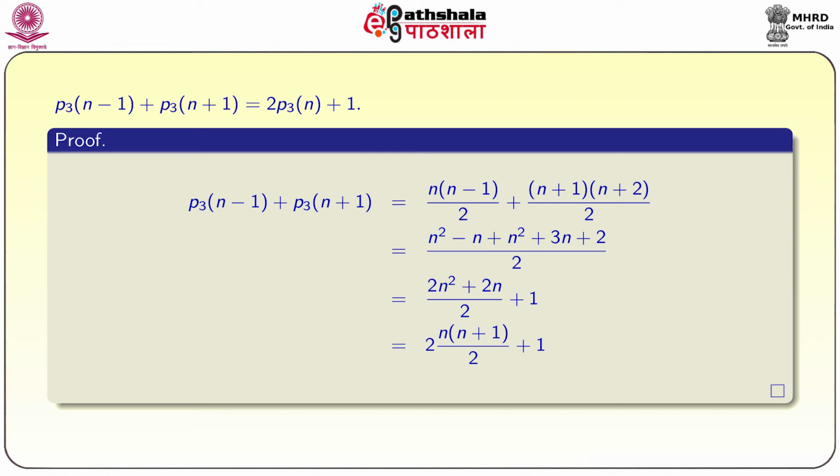The proof again is just by plugging in the values. The only thing we have to observe is that if I add two triangular numbers by leaving the middle one, then their sum is equal to 2 times the middle one plus 1.